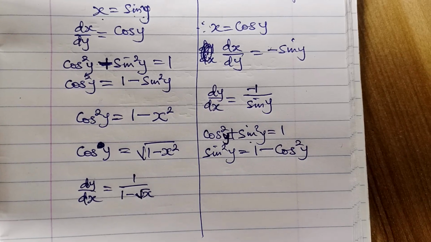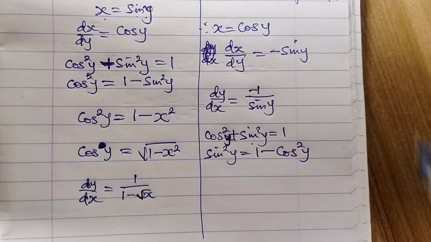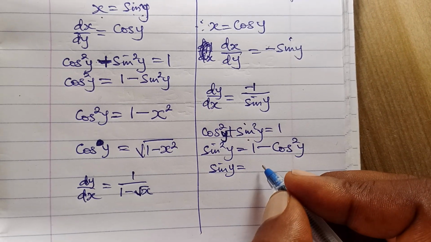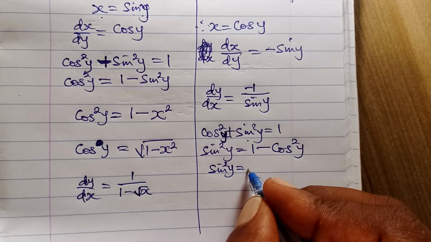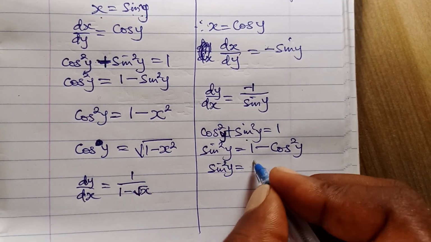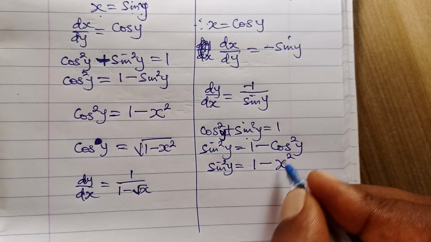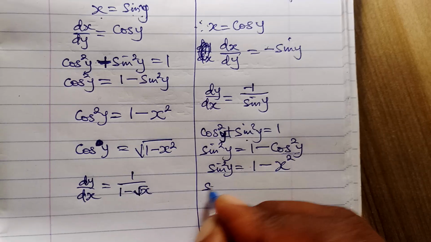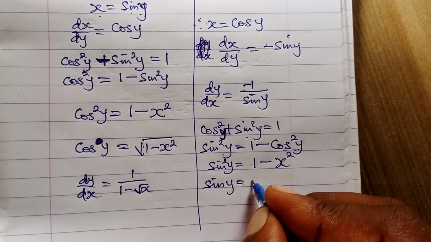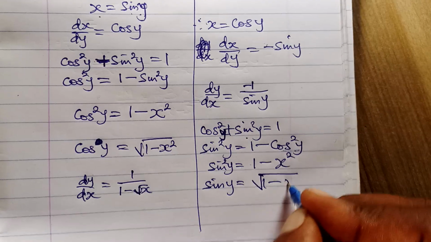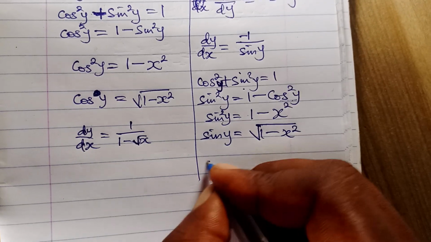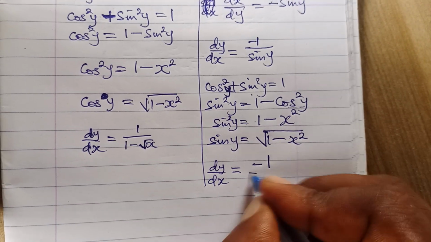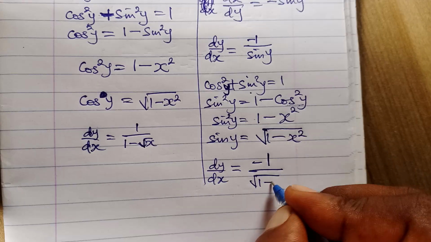Remember that x is cos y, so sine square y will be equal to 1 minus x squared. Therefore, for only sine y, we can now write the square root of 1 minus x squared. And because of that, dy/dx will now be negative 1 over the square root of 1 minus x squared.